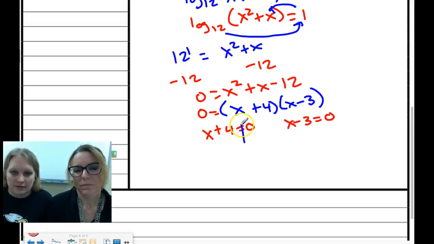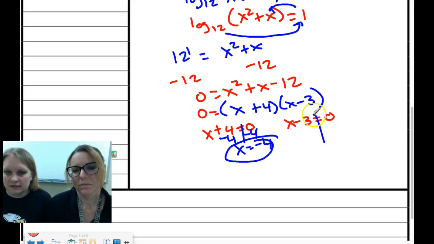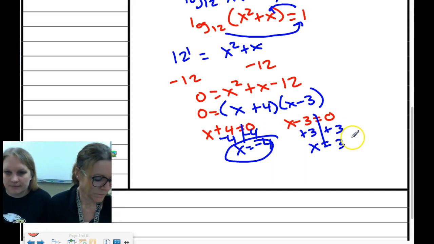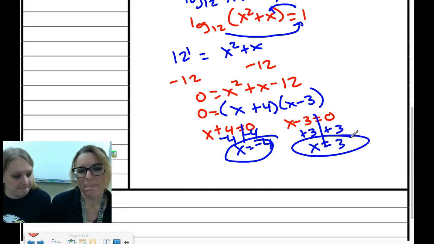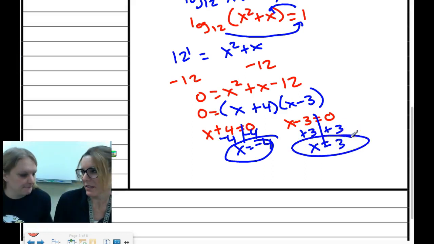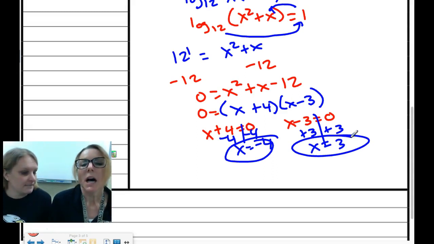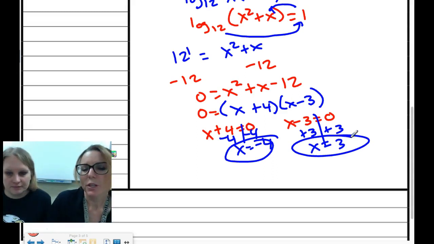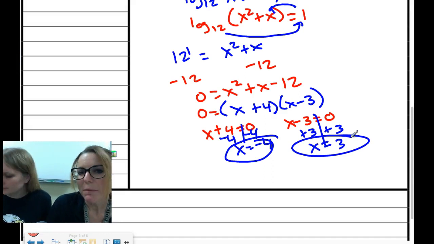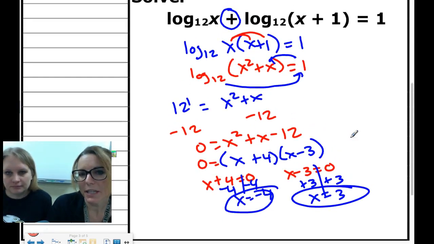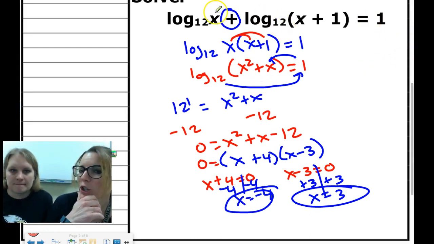And we get negative 4 and positive 3. Now, here's where the trickiness comes. On these problems, you have to check your answers because if you plug in the log of a negative number on your calculator, you get an error.